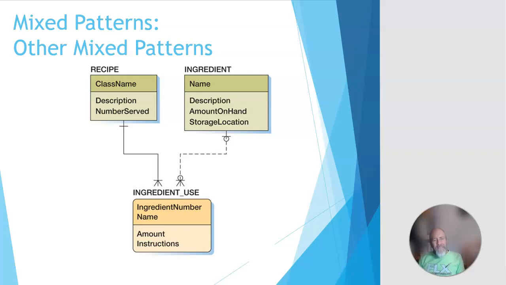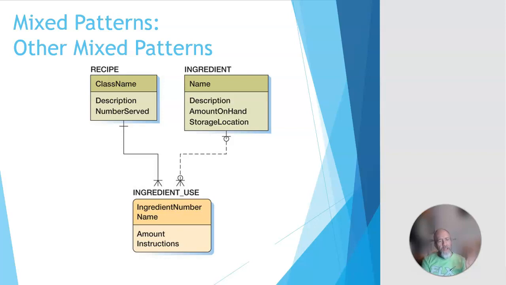This pattern is kind of a tough one here because you have a recipe, which has a name, and there are specific ingredients that are in the recipe. But if you look at the concept of an ingredient use, the ingredient will have a name, and we have hard-coded in here the name, the description, how much you have, and where it's located. Now the ingredient is being used inside of a recipe, so it does have both of those that go together.